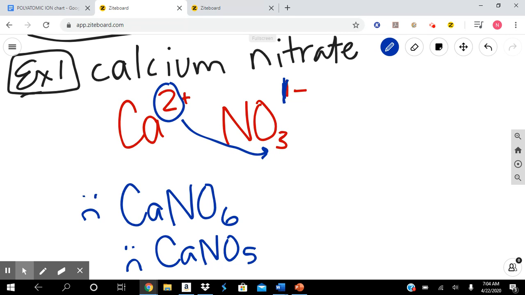And the reason that they are wrong answers is that NO6 and NO5 are not nitrate. Nitrate is NO3. And we've said before that you can never change that number. If we were in class, you would see me using hand gestures to explain this.